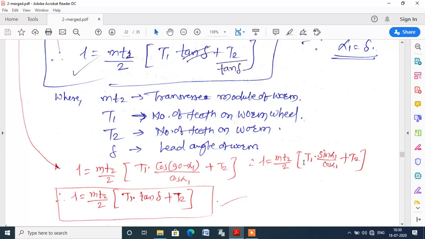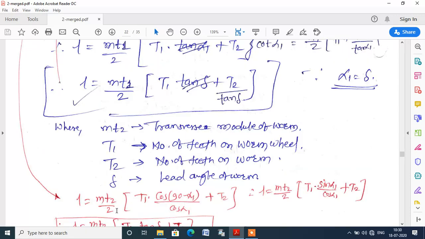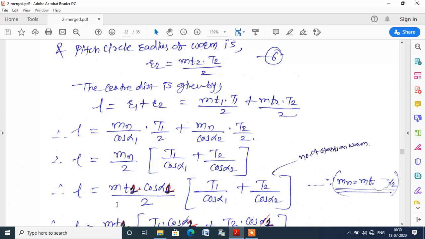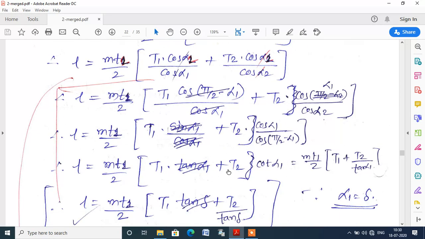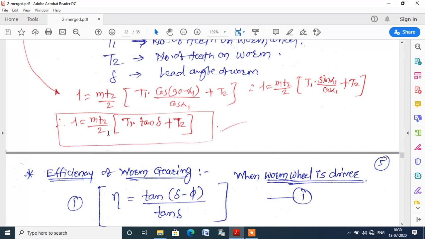So T1 sin alpha 1 upon cos alpha 1. So sin alpha 1 upon cos alpha 1 is nothing but tan alpha 1, and alpha 1 is nothing but the lead angle delta. So Mt2 by 2 into T1 into tan delta plus T2. This is another equation, the value is the same. So remember this equation, Mn by 2 into T1 by cos alpha 1 plus T2 by cos alpha 2, and also another equation, L is equal to Mt2 by 2 into bracket T1 into tan delta plus T2.